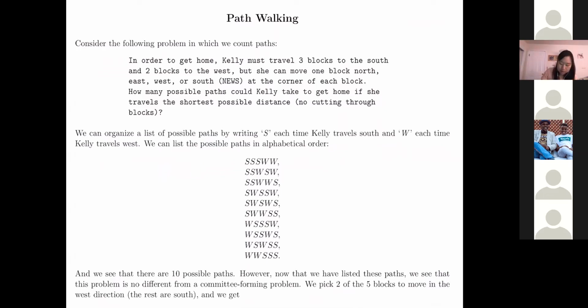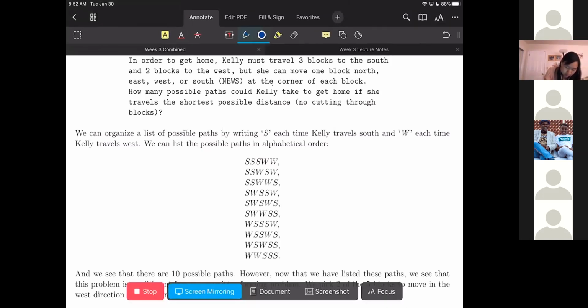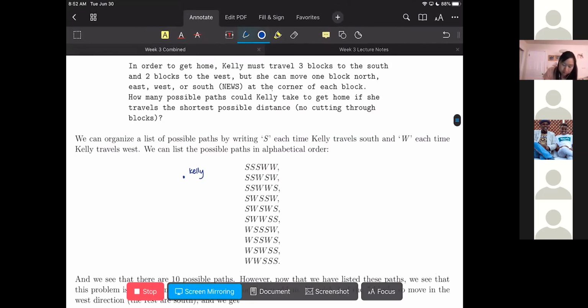So let me just draw out what this looks like. Let's say Kelly starts here. It says to get home, she must travel 3 blocks to the south and 2 blocks to the west. So let's draw this.